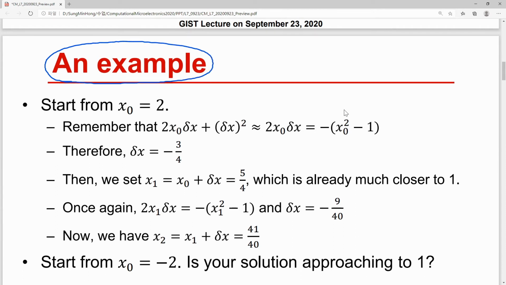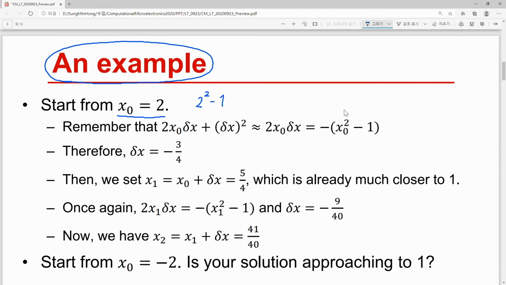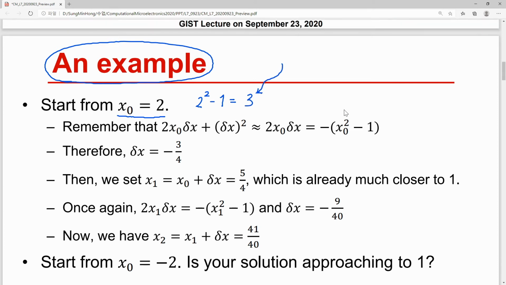Let's start with x naught equal to number 2. This is number 2, then 2 squared minus 1 gives 3. This number 3 indicates that your solution x naught is not the solution. If this number is close to 0, then you have a better solution.